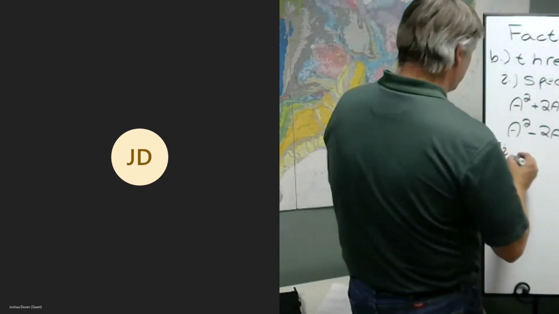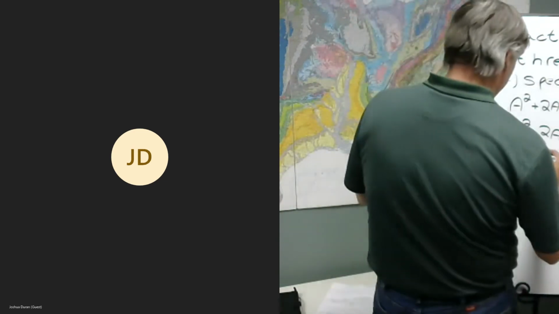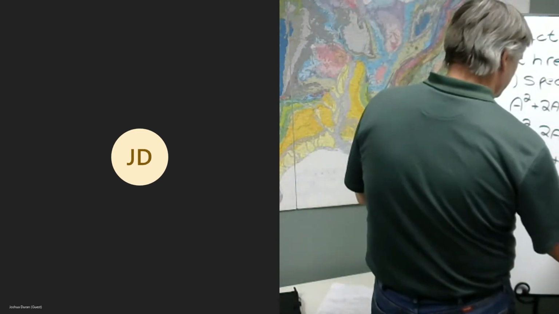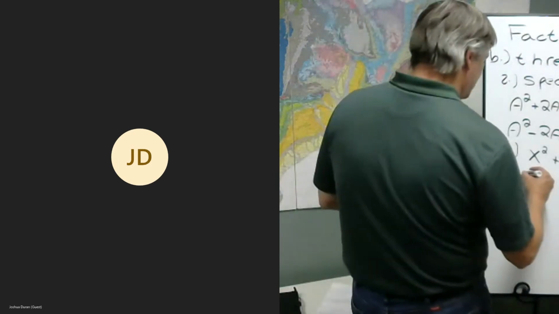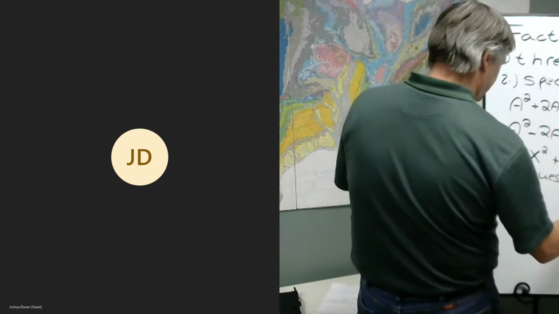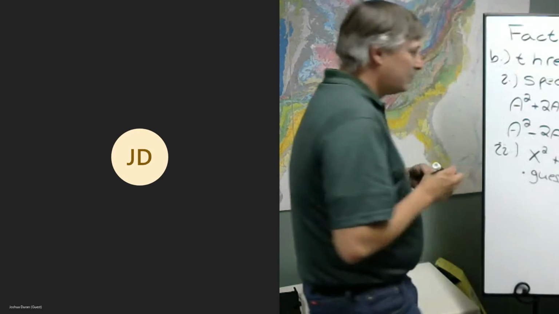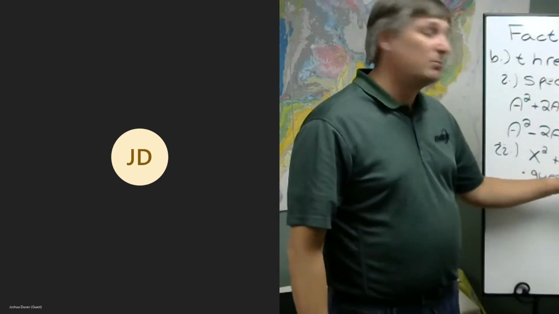Or you could have something in this form, say x squared plus bx plus c. And for this, you would use guess and check: 2 numbers that add up to b but multiply to c.